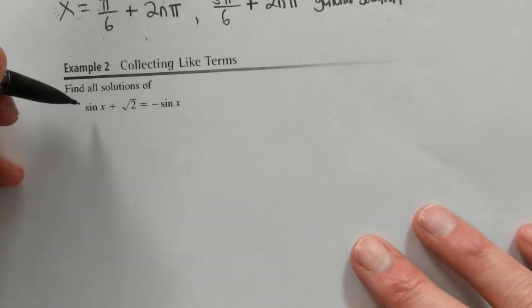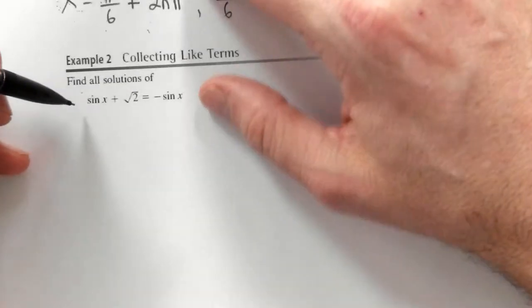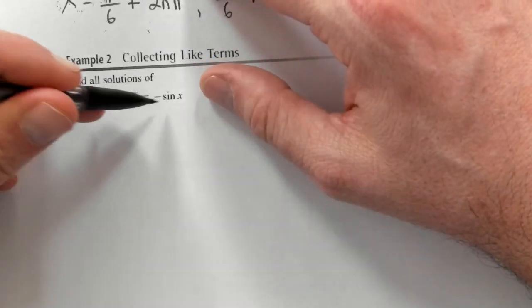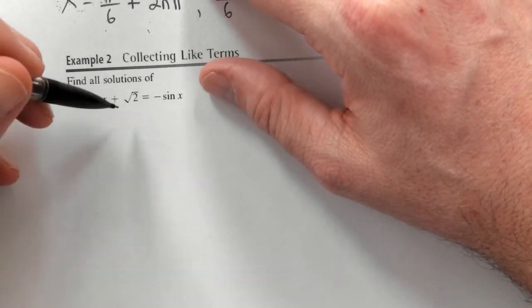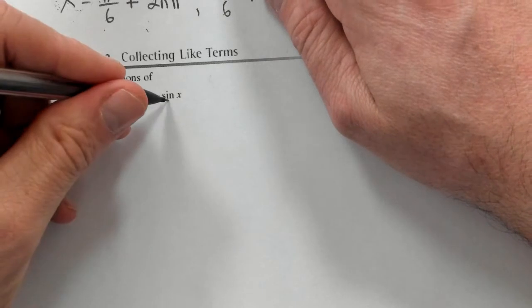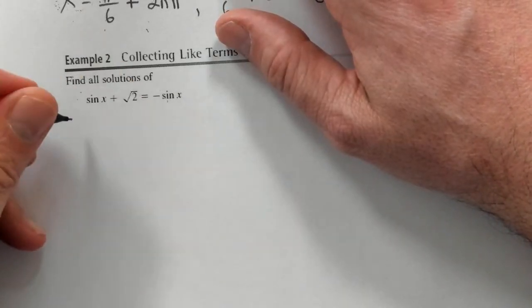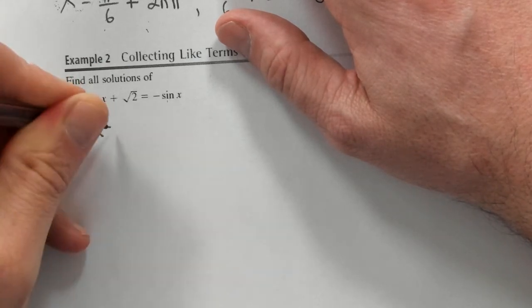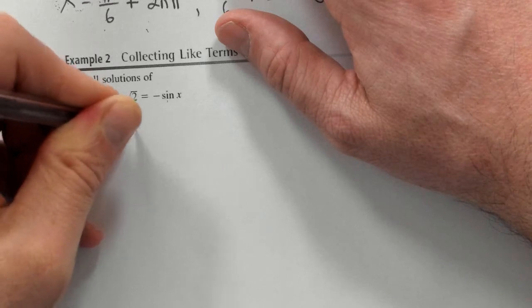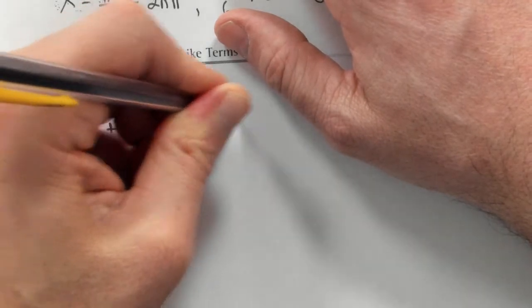So with this particular one, the first thing that I'm going to do, and one strategy when you're solving these equations, is to get all the sine functions together, get all the trig functions together on one side. So I'll move this over and I'll move the square root of 2 to the other side. When I do, it's going to look like this. Sine of x plus sine of x equals negative square root of 2.